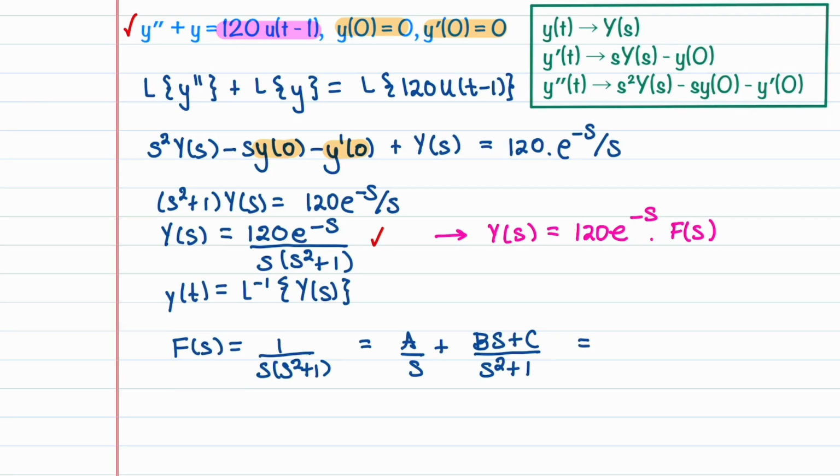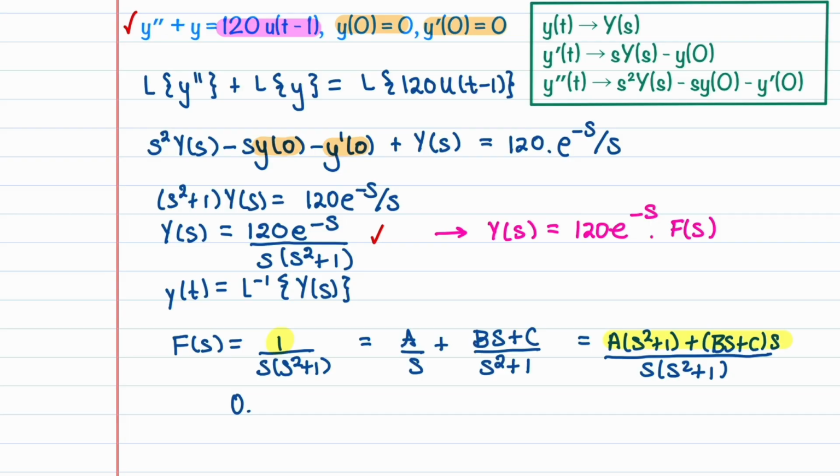Let's go ahead and recombine this. So we have a times s squared plus 1 plus bs plus c times s, all divided by s times s squared plus 1. Now we can go ahead and set 1 equal to this algebraic expression. To make things easier, I'm going to write the 1 as 0 times s squared plus 0 times s plus 1. And let's go ahead and multiply out the right-hand side. This is as squared plus a plus bs squared plus c times s.